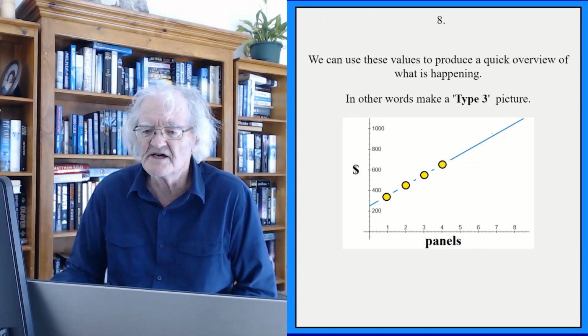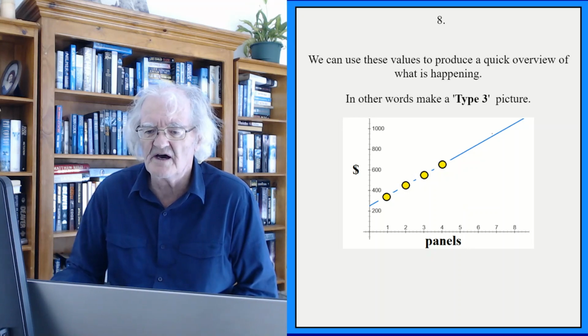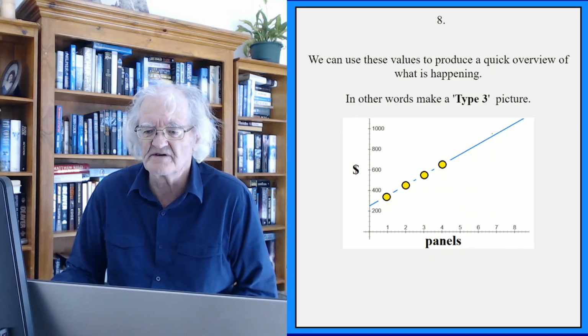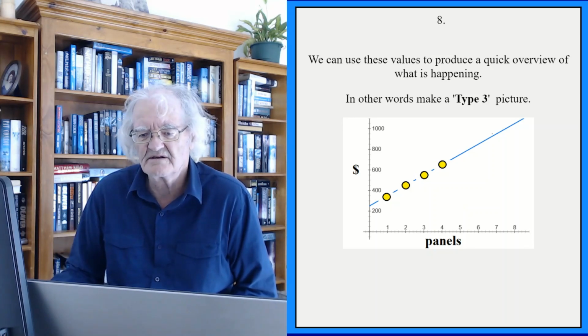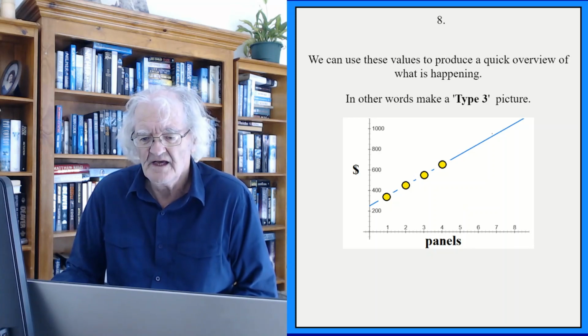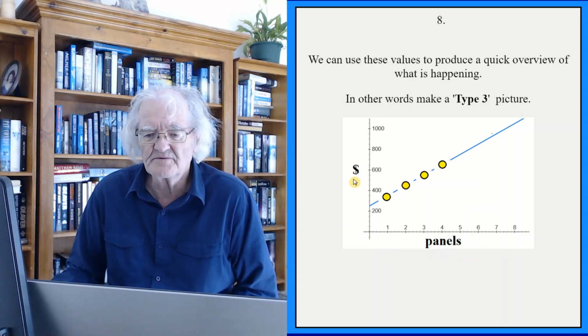We can use those values to produce a quick overview of what is happening. In other words, make a type 3 illustration, picture, graph, whatever you like to call it. Here the number of panels is the input. The output is the cost of the fence that results.